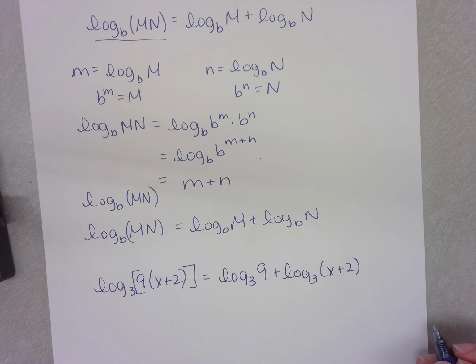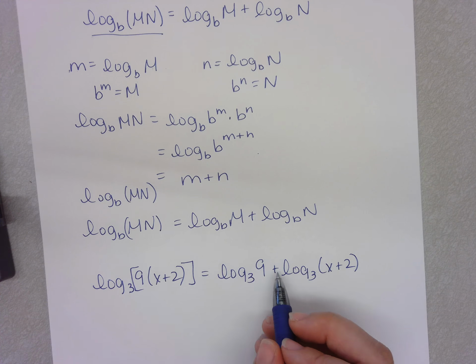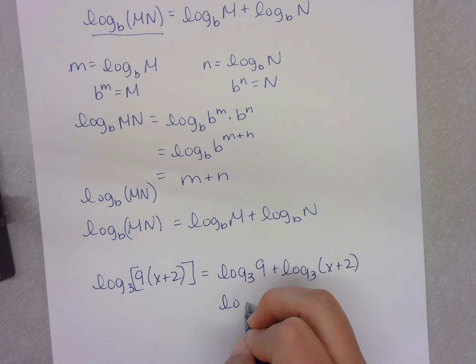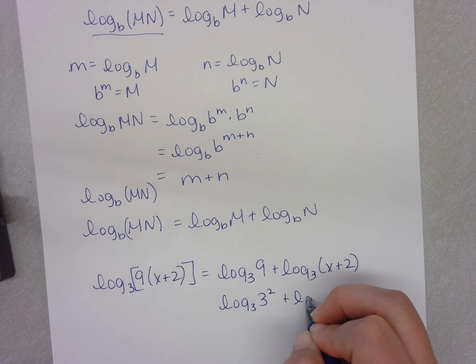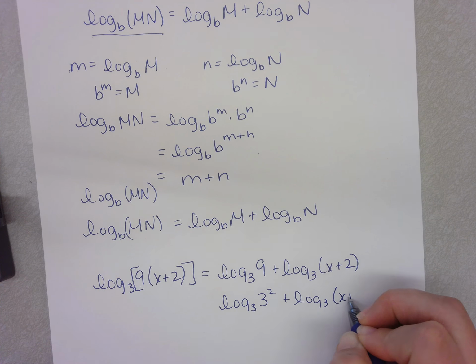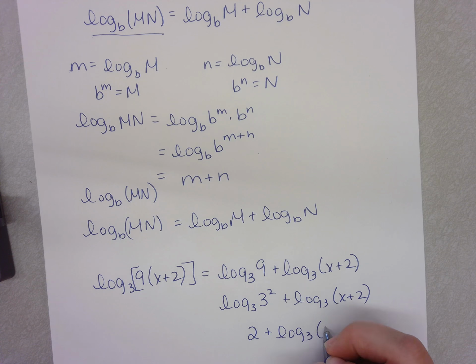So I can simplify this one more step, because I know that this 9 is also a power of 3, so I could rewrite this as log base 3 of 3 squared plus this. And I can apply that other rule again, so this is just now 2 plus the log base 3 of x plus 2.